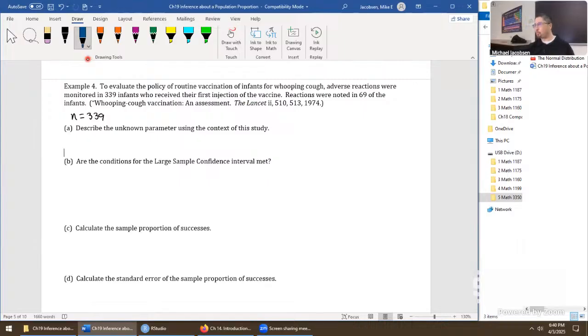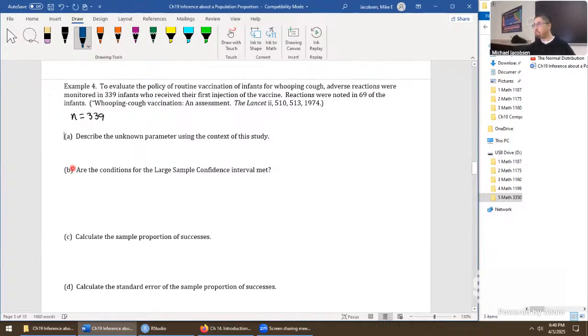We want to know, before we even get started describing the unknown parameter, what is a success in this problem? Because the unknown parameter is P, it's the population proportion of, and whatever the success is, it goes right here.